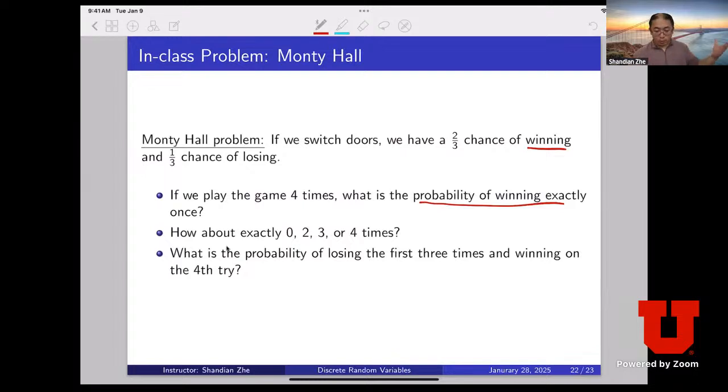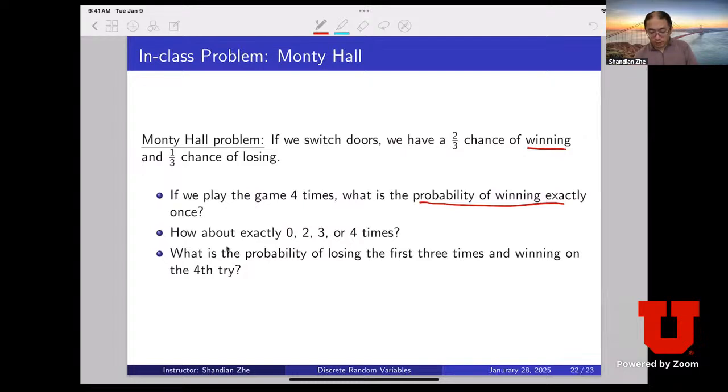Here we're assuming each Monty Hall game is played independently, so the results are not influencing each other. First, what is p in our case? What's the value of p? 2/3, right?